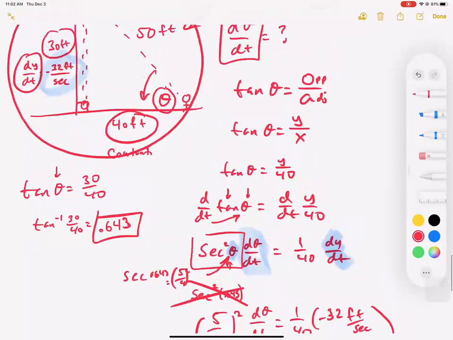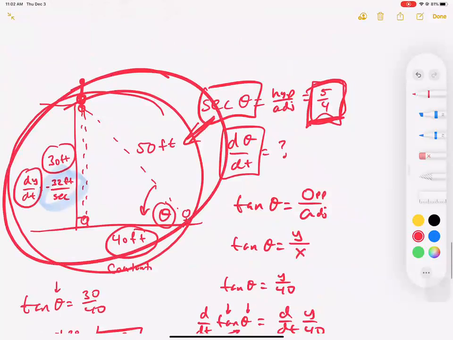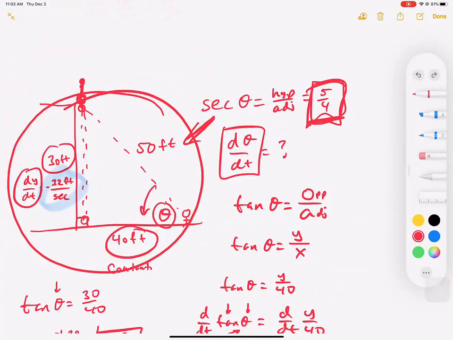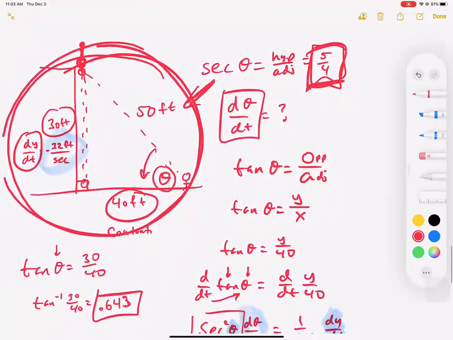Or, don't use your calculator. Just look up the secant of theta from the triangle. The secant of theta is hypotenuse over adjacent, which is 5 over 4. The point is that I didn't even need my calculator, and that's actually a trick. You might see a problem like this, and you might think, I need to look for theta. But really, theta is already given in the triangle.